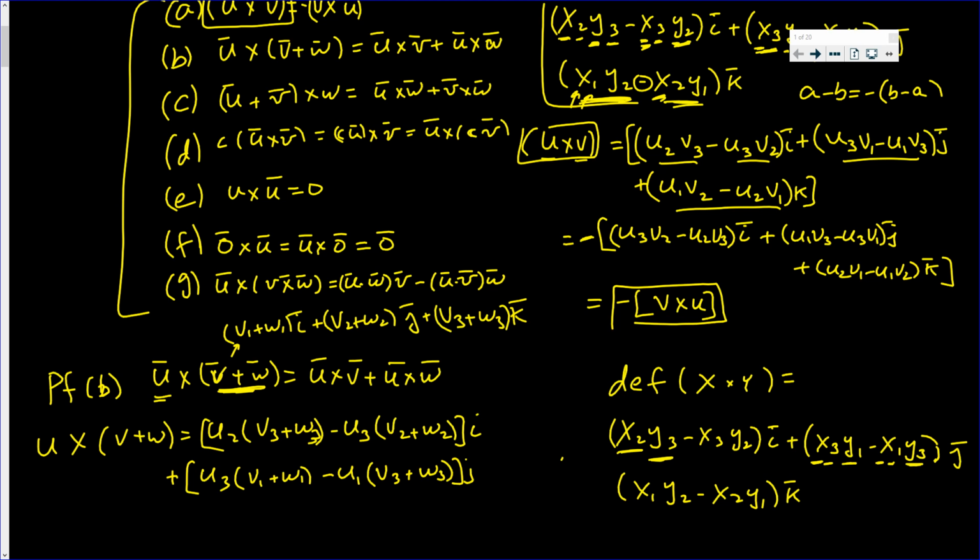And this is in the j direction. And then we add on in the k direction: first vector first component, second vector second component, V2 plus W2, minus first vector second component, that's U2, times the second vector first component.